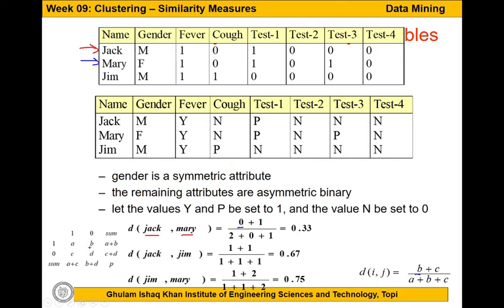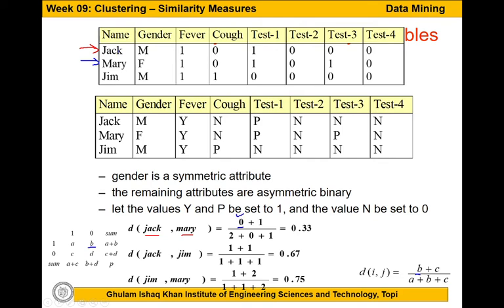For b, we count the number of variables for which Jack has value 1 and Mary has value 0: 1 0 no, 1 0 no, 1 0 no, 1 0 no, 1 0 no. So there are no variables for which Jack has value 1 and Mary has value 0, and we have placed 0 here.